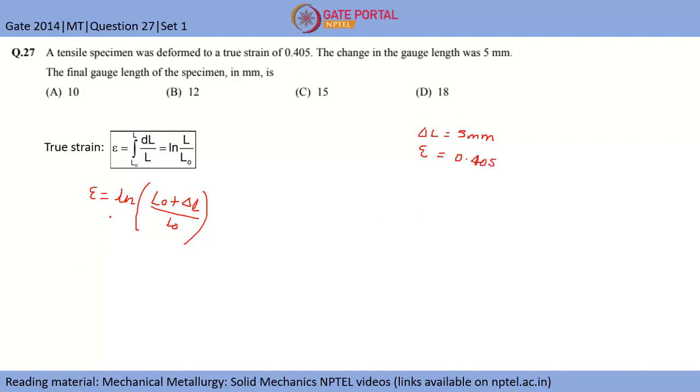Okay, so we will put the same thing in this equation. 0.405 equals ln of 1 plus 5 by L0, since L0 by L0 will be 1. So 1 plus 5 by L0 equals e raised to power 0.405. So let me calculate e raised to power 0.405.